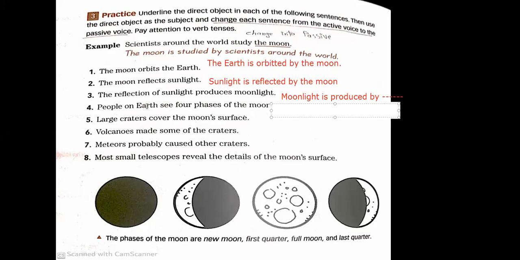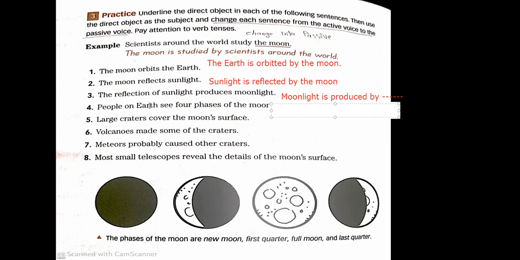And the verb? The verb is see. And the object? It comes after the verb, yes? So what is it? 4 phases of the moon. All of this is the object, yes?